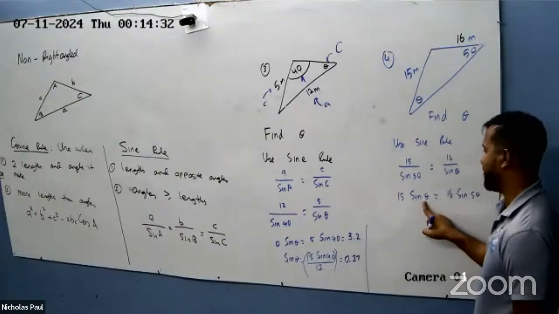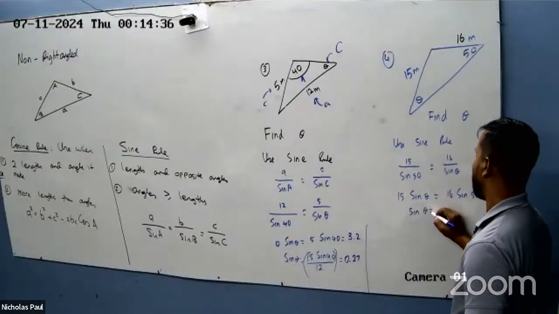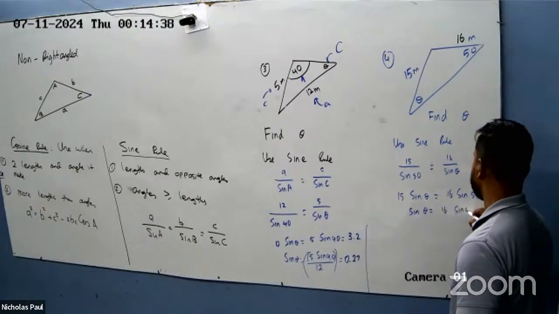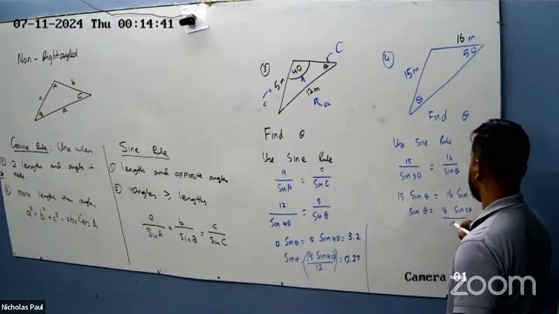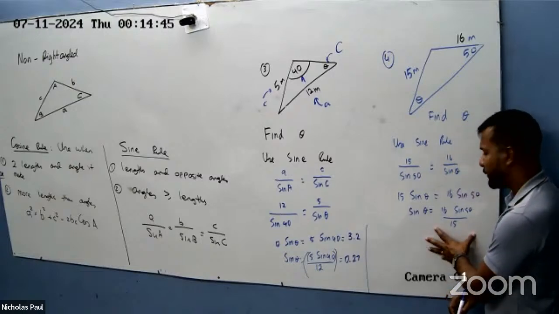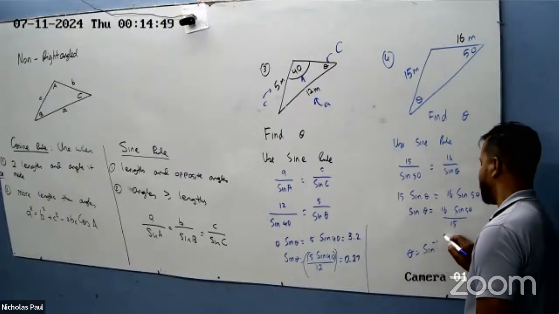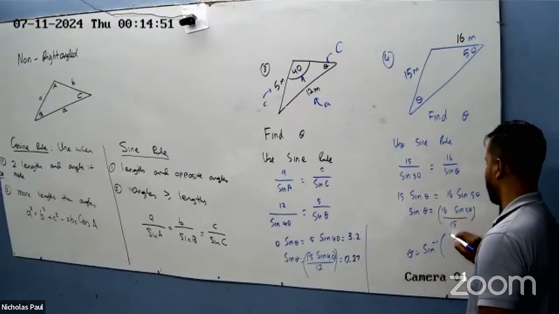Trying to make theta the subject, so I'm moving 15 first. So sine theta is equal to 16 sine 50 all over 15. Don't work it out, you don't want to round off, right? So carry across sine one time, and you'll get sine inverse of this whole thing here.